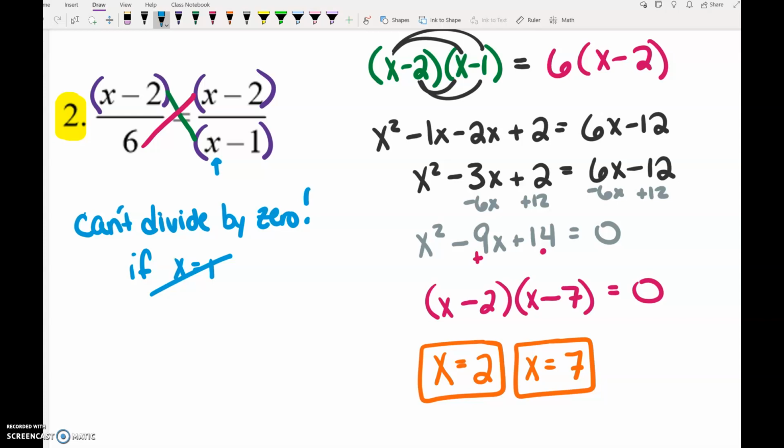Now, in this particular problem, we didn't get x equals 1. We got x equals 2 and x equals 7. Check both of those answers to see if either one would give us a 0 on the bottom of one of our original fractions. So 2 minus 1 is not 0, 7 minus 1 is not 0, so both of these solutions are totally fine. But take a moment and check those solutions to see if one of them maybe would give you a 0 on the bottom. If it does, cross it off.